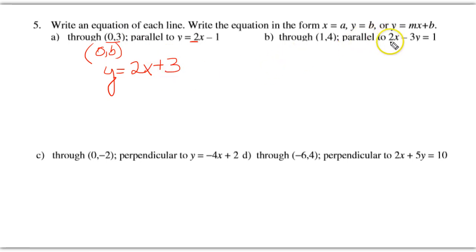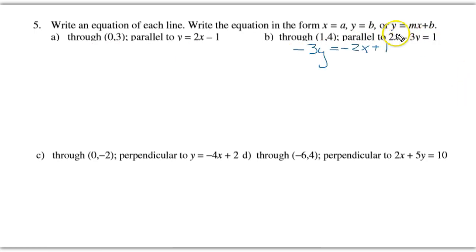Now this one, we don't know the slope because it's written in standard form. In doing letter B here, I've transposed the -2x to the other side, because I need to find out what my slope is. As I divide everything by -3, this will become a positive y.